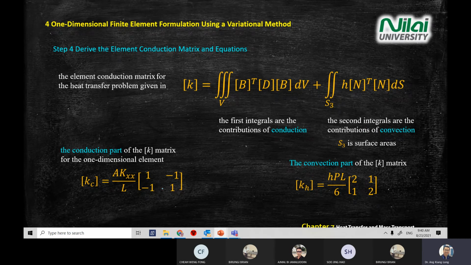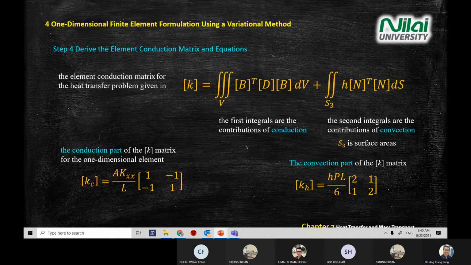If you compare side by side, there's a difference between conduction and convection. Conduction is KXS divided by L, times 1, -1, -1, 1. However, for convection it is 2, 1, 1, 2 times HPL divided by 6.